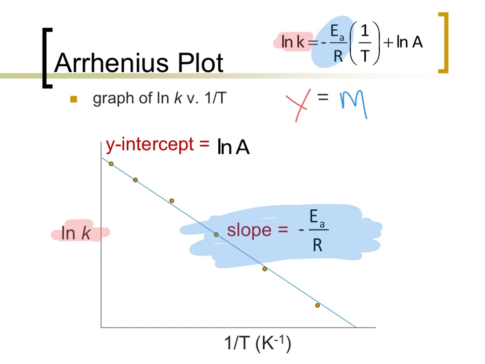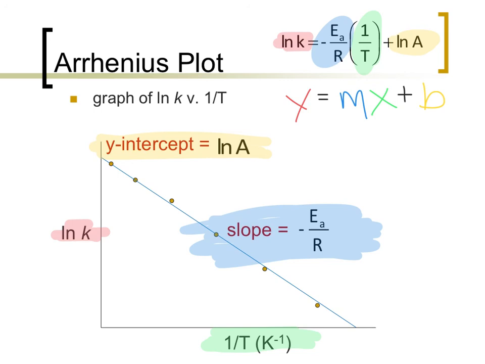That slope, of course, would be the m in y equals mx plus b. The x-axis is our inverse temperature, so that's the 1 over T, which would represent the x in y equals mx plus b. And the last thing we have is the y-intercept, so plus the ln of A would represent having plus b in the y equals mx plus b.